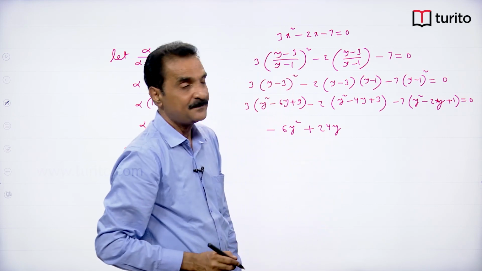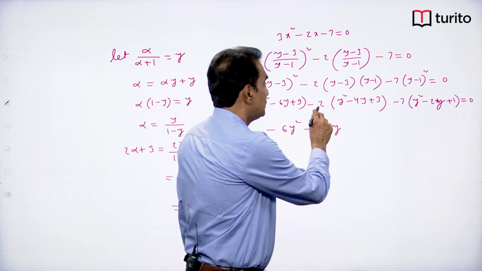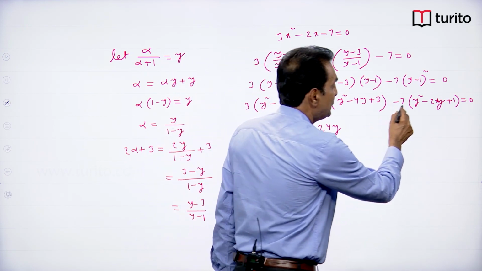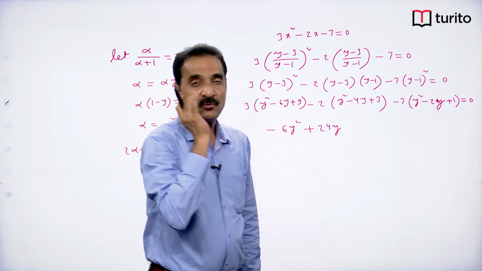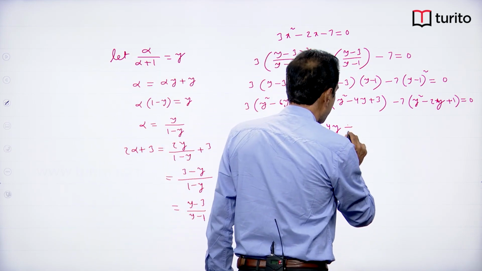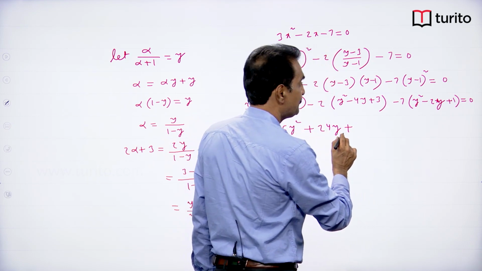Now constant: 3 nines are 27, minus 6, 27 minus 6 is 21, here minus 7, 21 minus 7 is 14, plus 14 only.